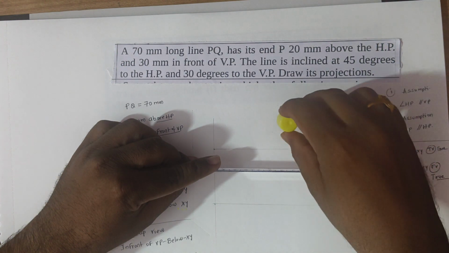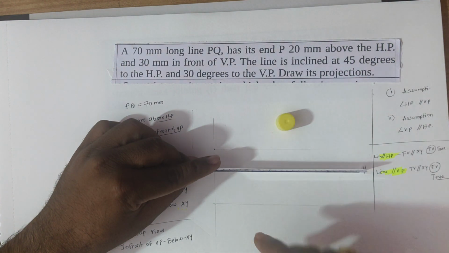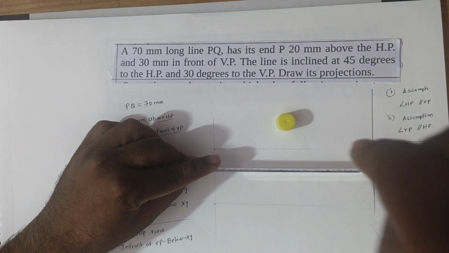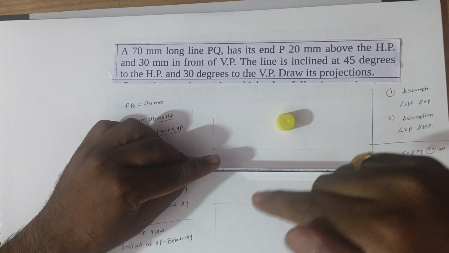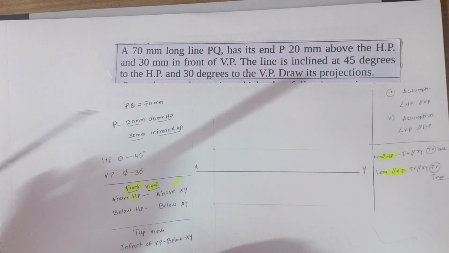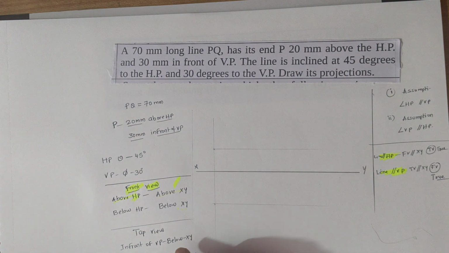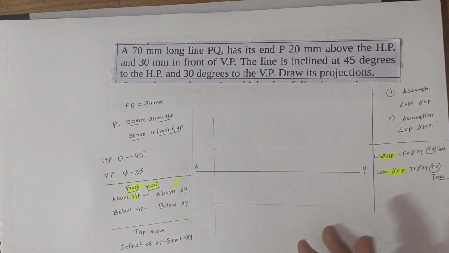If the point is behind the vertical plane, if you see from the top, its top view is going to be above the XY line. This is how you can remember. Otherwise it's very difficult to imagine the total quadrant system in the examination hall.